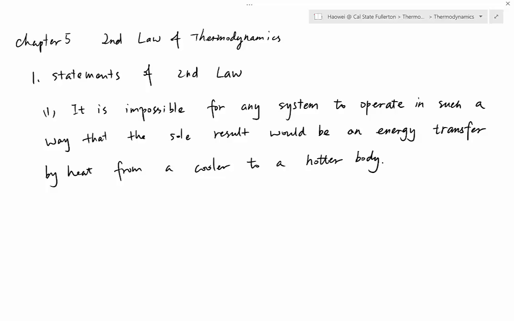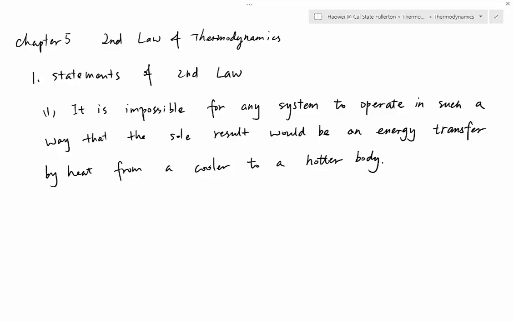In short, what does it mean? Heat cannot be transferred from low temperature to high temperature if you do not pay any work. If things just happen naturally, heat must transfer from high temperature to low temperature, not the other way around.